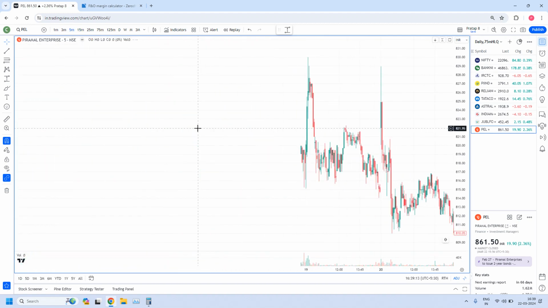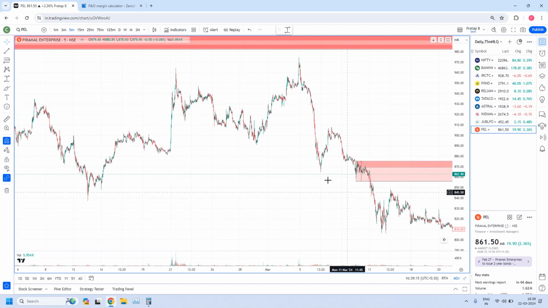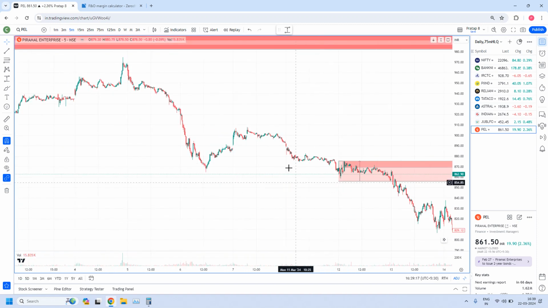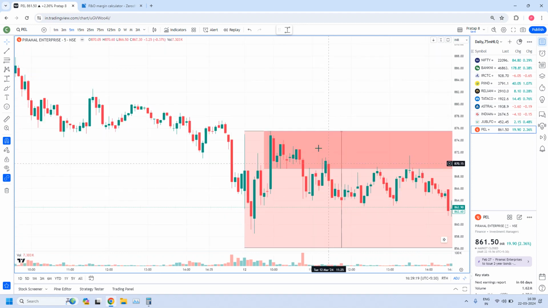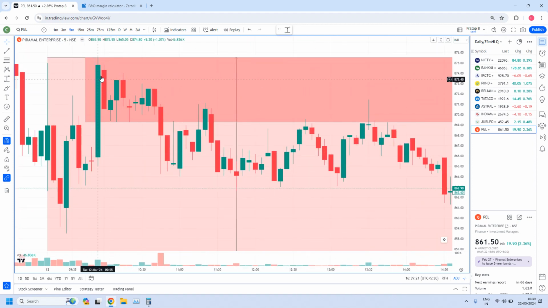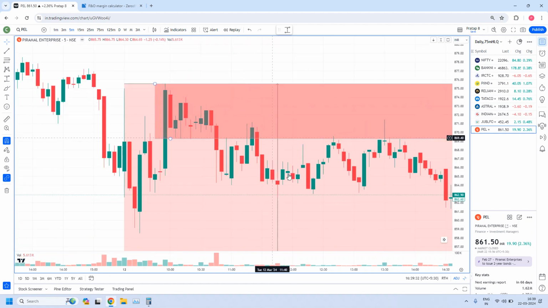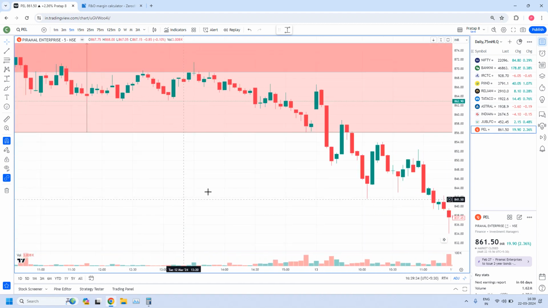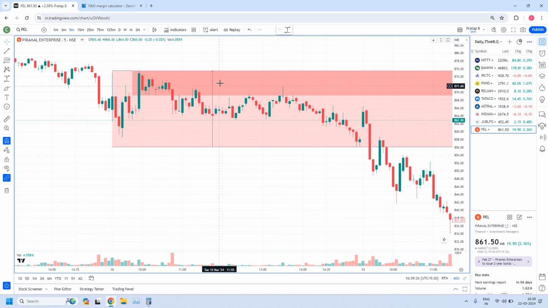But the moment I get into the 5 minutes, I didn't fine-tune this in 5 minutes. I'm not comfortable with this price structure here. See, rally candle, drop candle, this is not at all good. Lot of consolidation. See all these candles. That is the reason I'm not feeling comfortable at all.